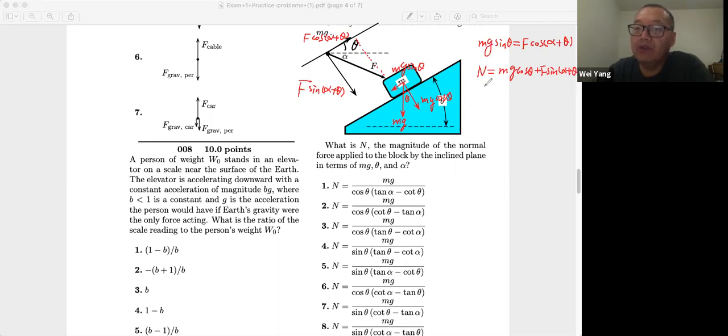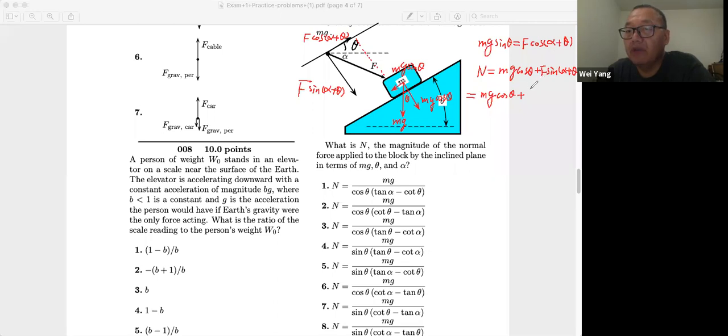Because we are looking for N, we need to cancel out F. So we can write this as mg cosine theta plus, we can solve F from this equation, that's mg sine theta divided by cosine alpha plus theta.